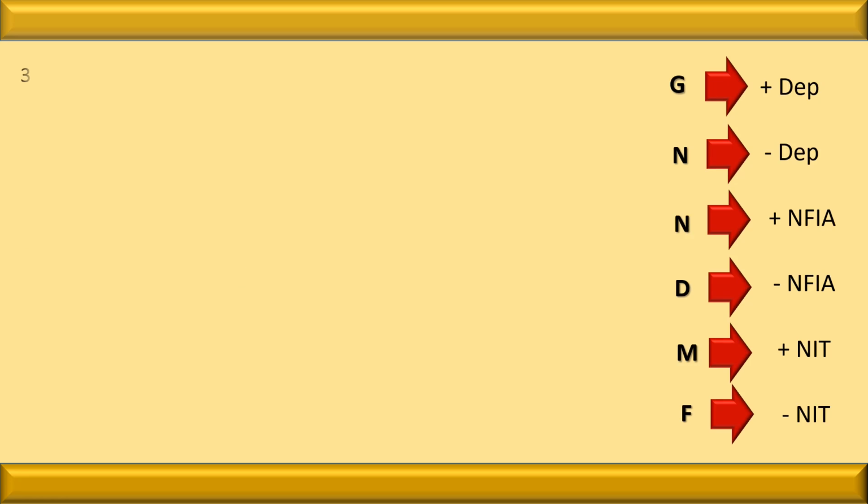It's a request, please. Take out paper and pen and try to find out GDP FC from NNP FC. To find out GDP FC from NNP FC, what we have to do? From N to G, we have to add depreciation.